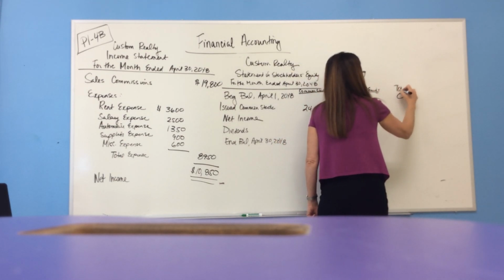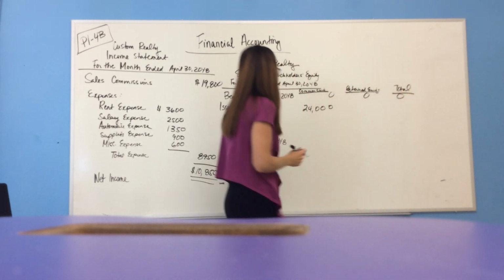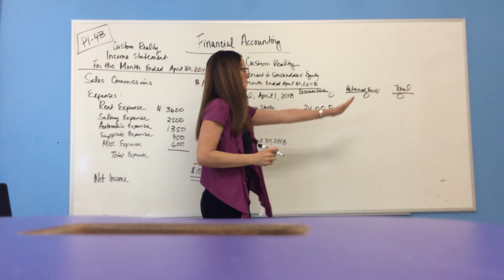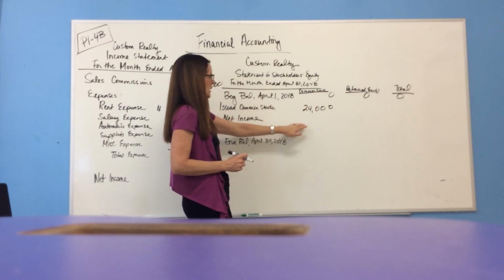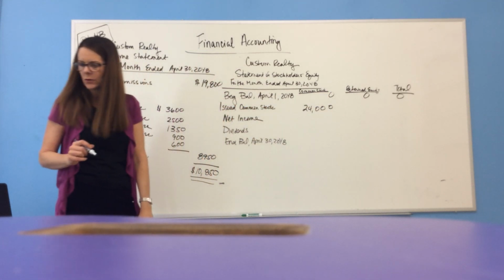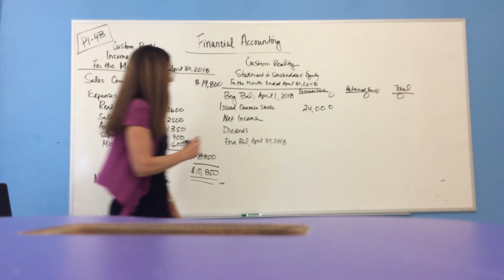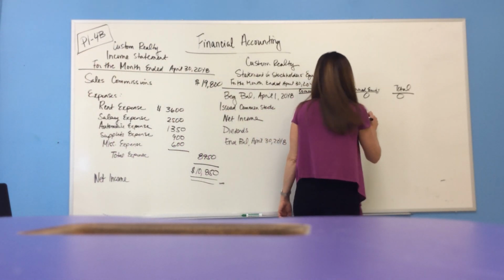And then this would be the total. So that's kind of how it would work. It's got 5 lines, 3 columns. We didn't have anything in the beginning balance. We had common stock issued of 24,000. Net income is going to go under retained earnings. Our net income, I already found $10,850. That's going to go here.